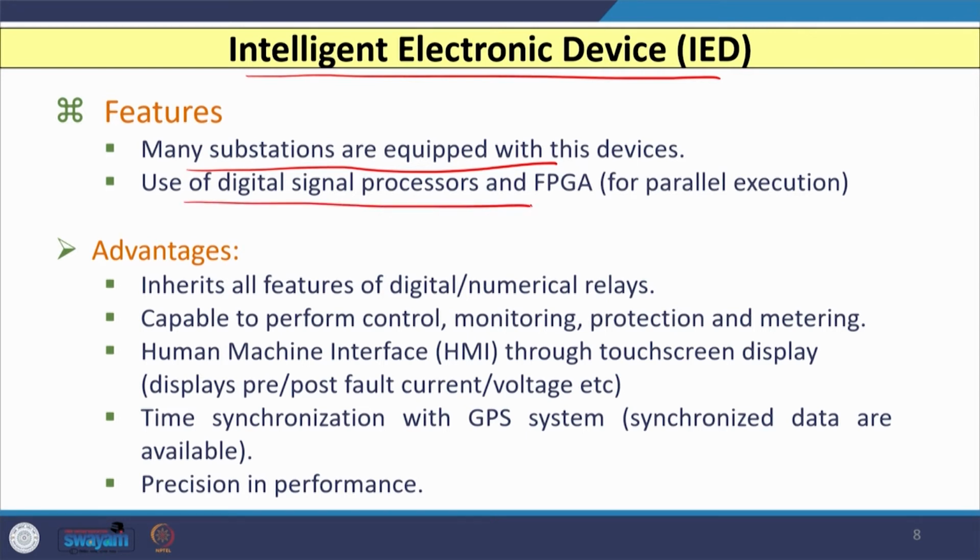Whatever advancements in digital signal processors and field programmable gate arrays, those things are used inside these intelligent electronic devices. The first important advantage of these relays is that they inherit all the features of digital or numerical relays which are available in the previous generation of relays.